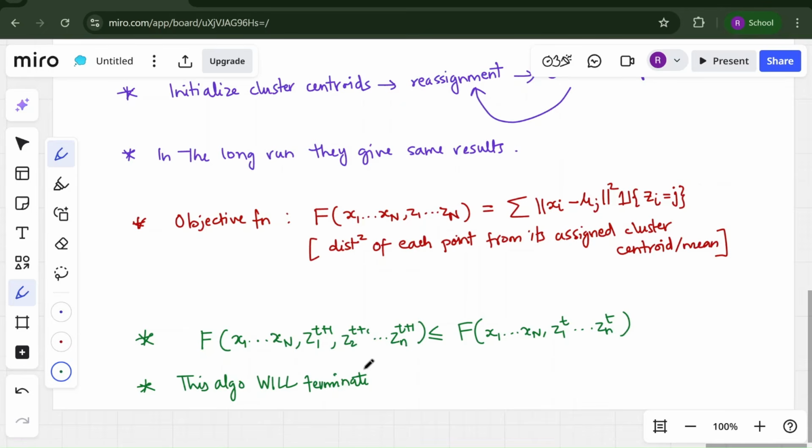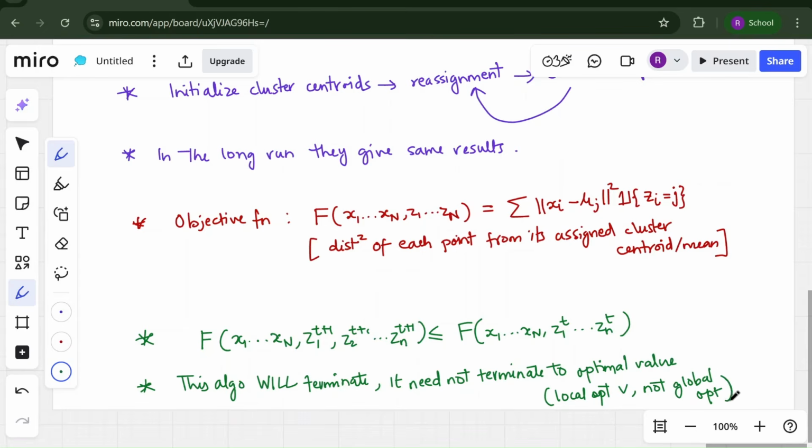So it will terminate, but it need not terminate at the optimal value. It will only terminate at a local optimum, not a global optimum. That is the idea, right? Okay, cool.